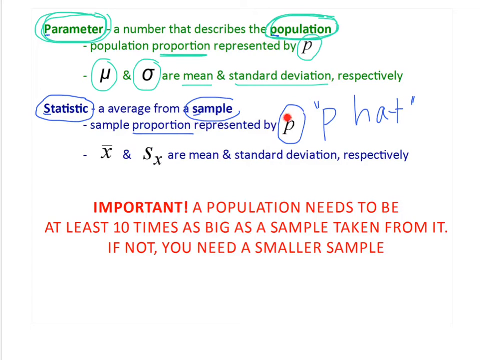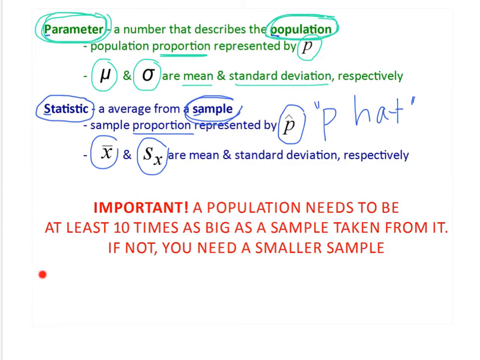We'll talk more about this next week. And then we have my mean and standard deviation for my sample. We've seen this notation and this notation before. This is for my population and this is for my sample. The new ones are my p's, or my proportions.